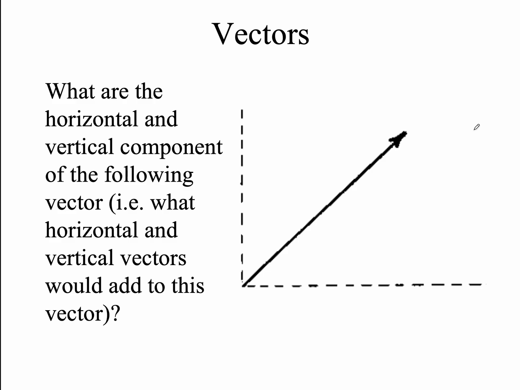If you had this vector, say for example you walked northeast in this direction, how could you figure out how far north and how far east you actually walked? Well, you could break this one and say, all right, I walked east that far, and then I walked north this far, and that got me to this final point right here from my starting point down here.